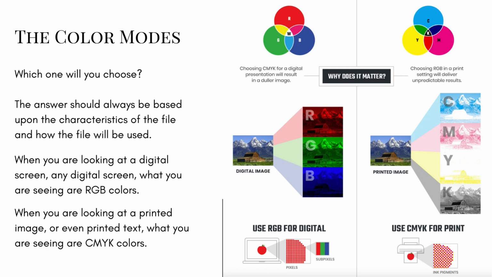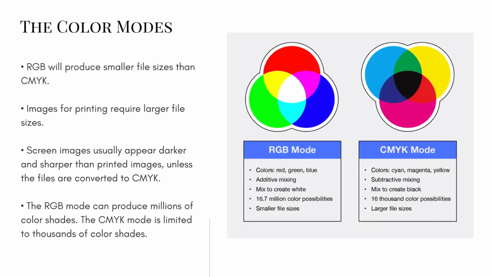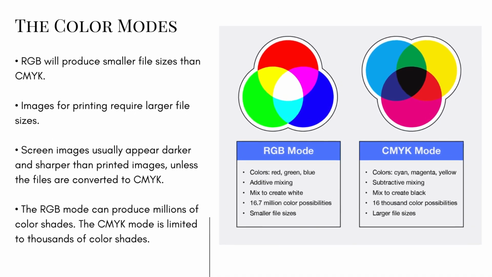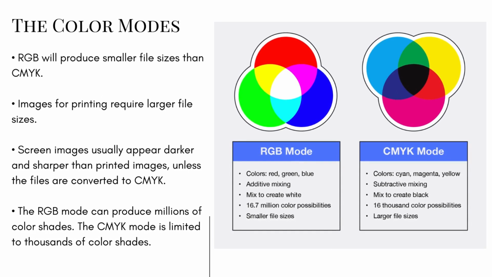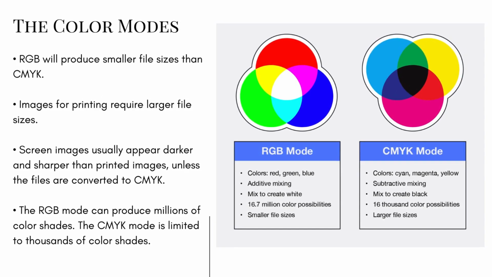When we are looking at a printed image, we are looking at CMYK colors. Printed images are created by mixing the four colors available to printers, which are cyan, magenta, yellow, and black. When these subtractive colors are mixed, they can only produce a maximum of about 16,000 different shades of color.